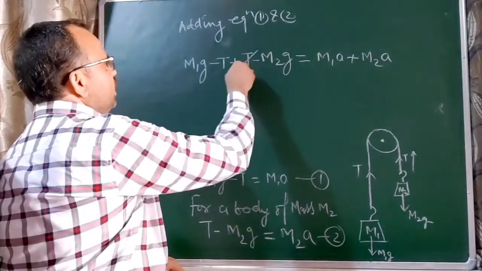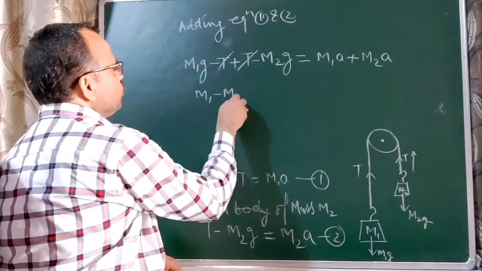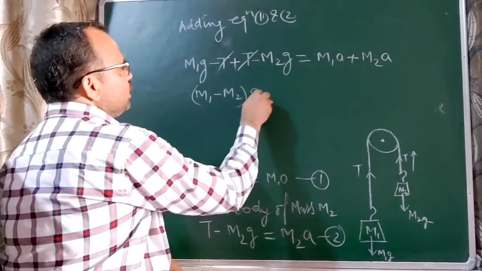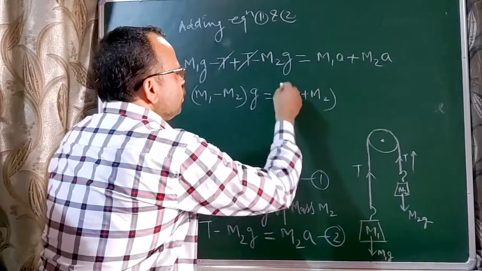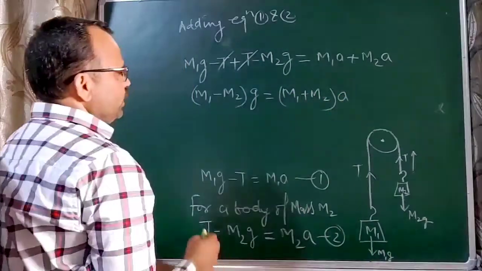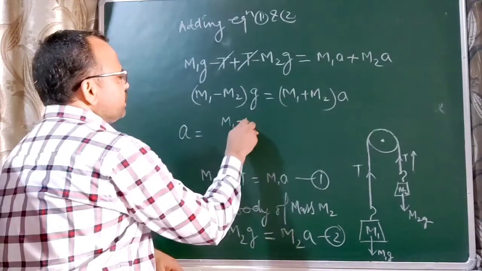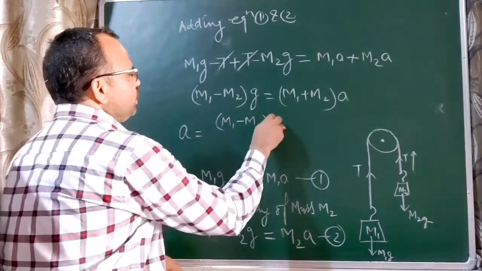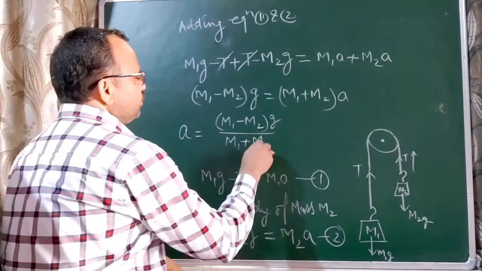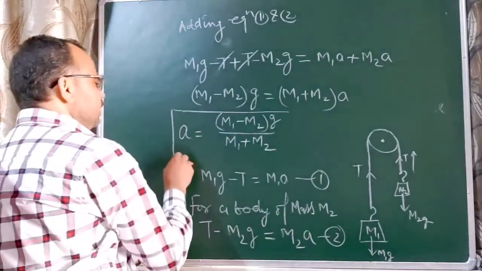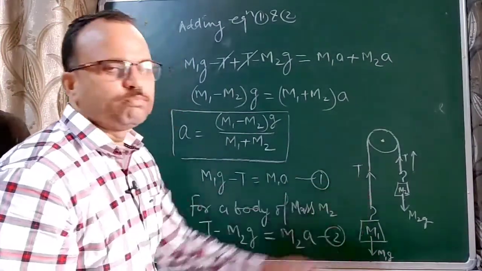So T cancels, and (m1 minus m2) times g is equal to (m1 plus m2) times a. So we have to calculate the acceleration: a equals (m1 minus m2) times g upon (m1 plus m2). By using this formula, we can calculate the acceleration produced in this body.